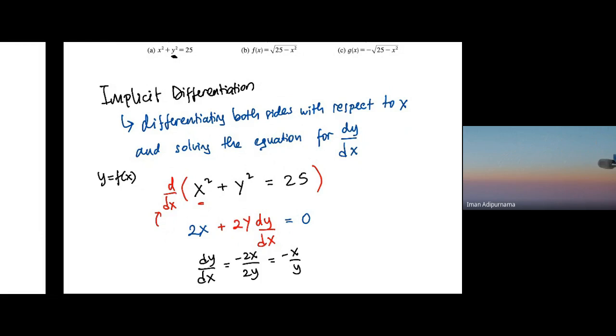Whenever you have a long equation and you see that there is y inside, and you know that y is actually a function of x, then you can treat it like an x and then put in dy over dx. Okay, any questions?